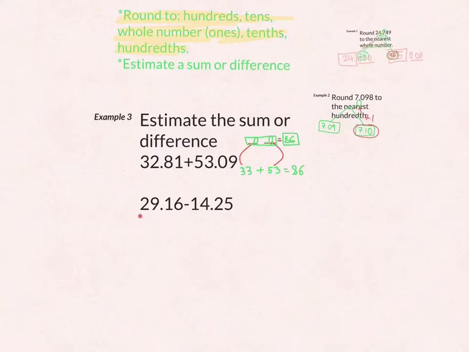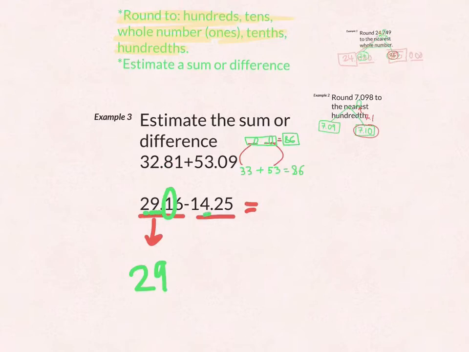And it's the same thing if you are estimating for a difference. We're looking for about how much is 29 and 16 hundredths take away 14 and 25 hundredths. So again, we could round to the nearest whole number. And so for 29 and 16 hundredths, we could round to the ones place. And you can see that this would round down to 29.